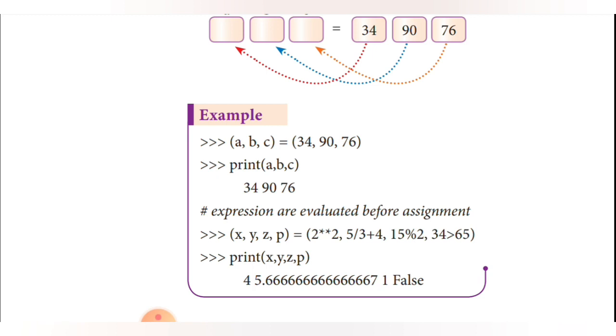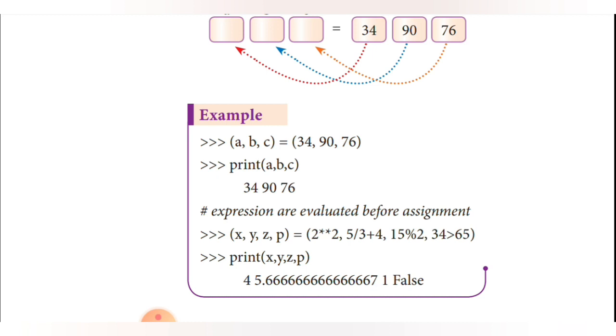Is it clear? What is the value for y? 5.666 something. So the expression is evaluated first and then assigned to the particular variables. In whichever order they are written, the values are assigned to the tuple variables in the same order.